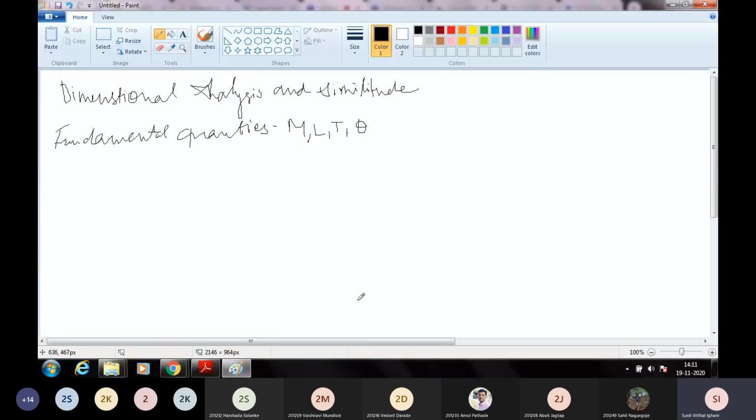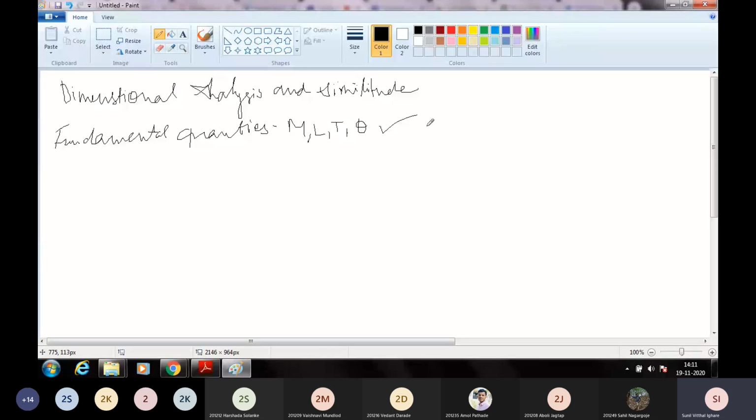The unit of a physical quantity which does not depend on the unit of any other physical quantity is a fundamental quantity or fundamental dimension. Mass does not depend on another quantity, length does not, nor do temperature and time. So these are the fundamentals.